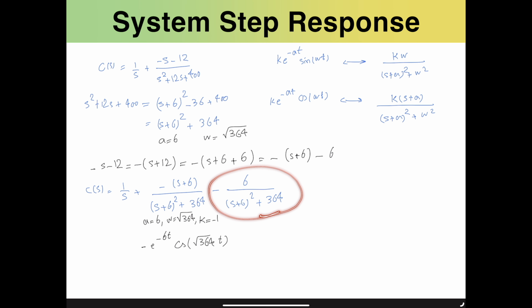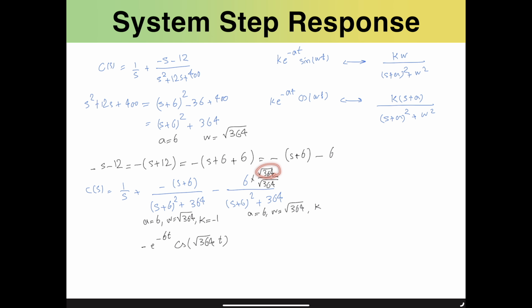Moving forward, the second term has a constant in the numerator, so I can create k w over there, which in my case is again a equals 6, w is the square root of 364, and k this time is going to be simply, if I multiply this by the square root of 364 and subtract that, I can easily see that the w is going to be created over there.